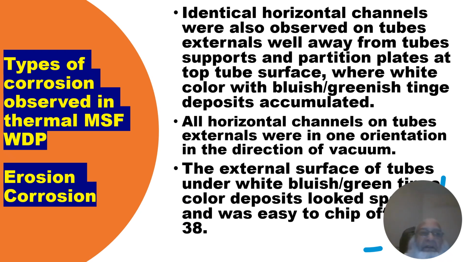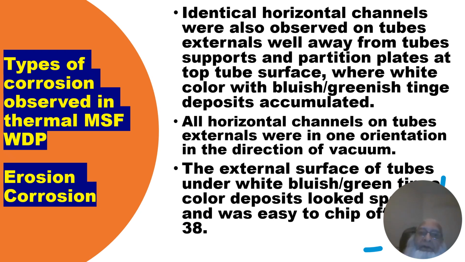This slide is a continuation of the previous slide, on the erosion corrosion as observed in thermal MSF WDP. Identical horizontal channels were also observed on tube bundles well away from tube supports and partition plates, at the top tube surface, where white deposits with a bluish greenish tinge accumulated.